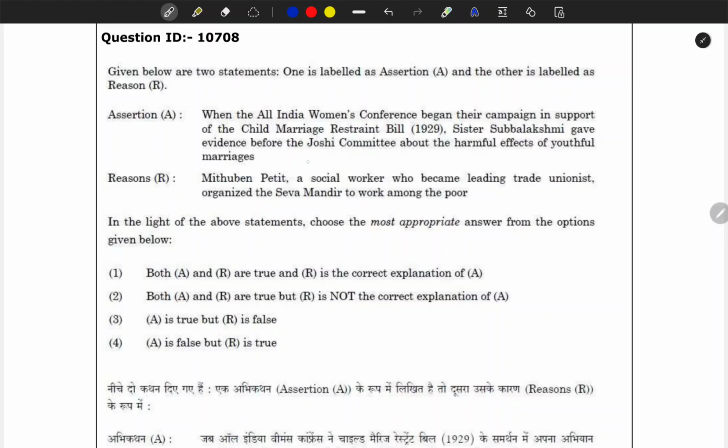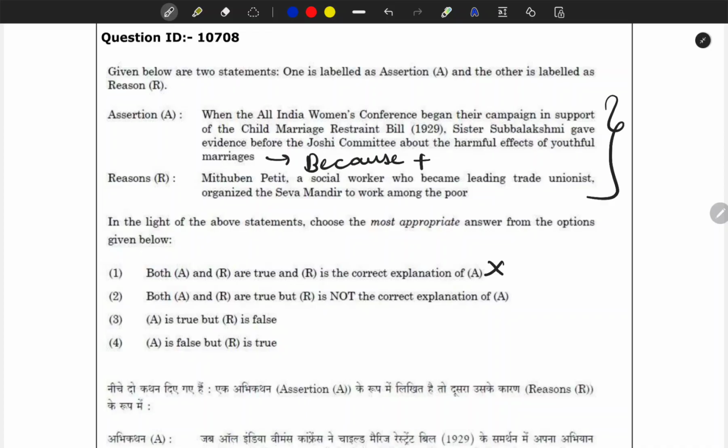Do you think these two statements will be joined together? I don't think so. So the option that both A and R are true, and R is the correct explanation of A, is absolutely wrong, because these two statements do not have any relation between them.